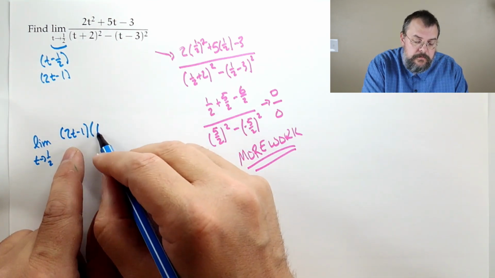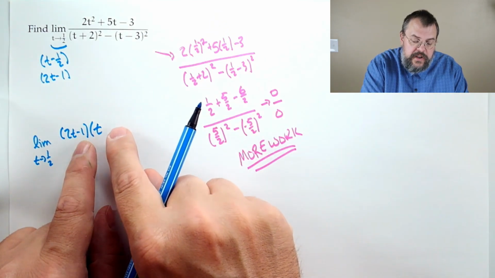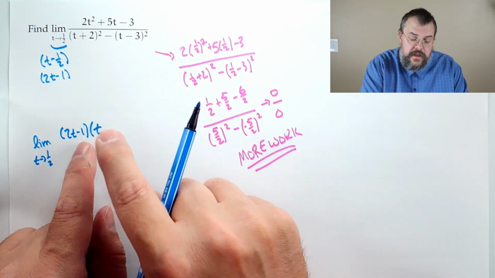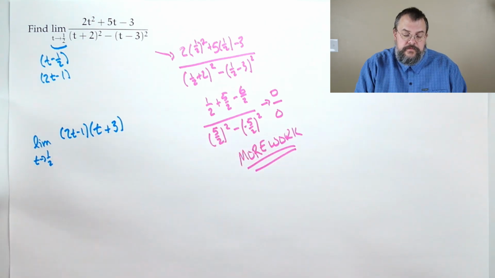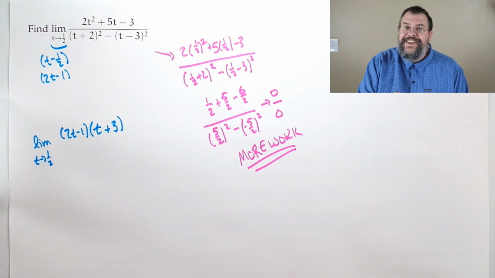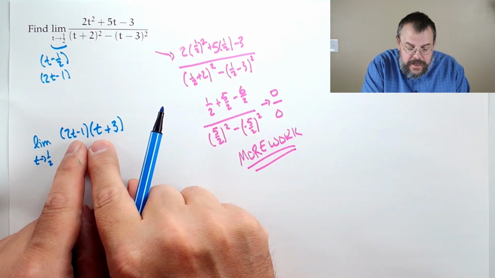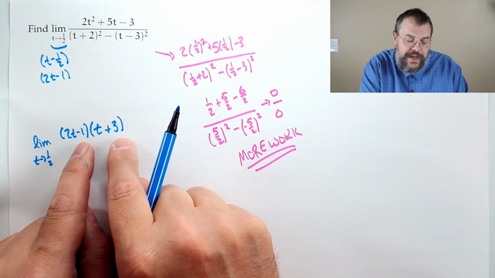T does. Now, the minus 3. I have a minus 1. Minus 1 times what gives me minus 3? And the answer is plus 3. Now, let's just check our work. It's always good to check. It's a good habit to get into. So, 2t squared, yep. 6t minus t, yep, that's 5t, and minus 3.